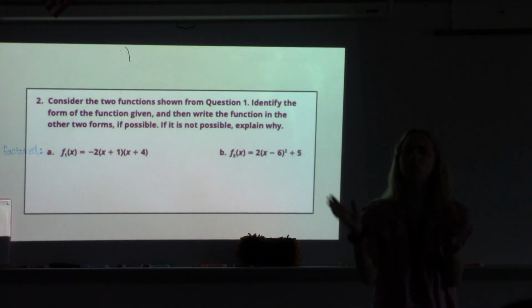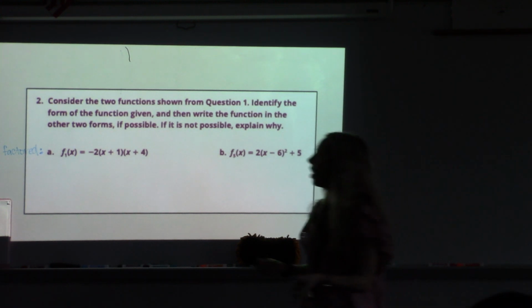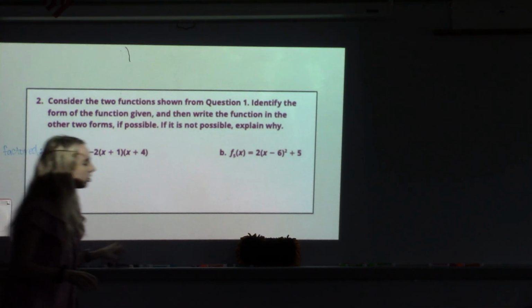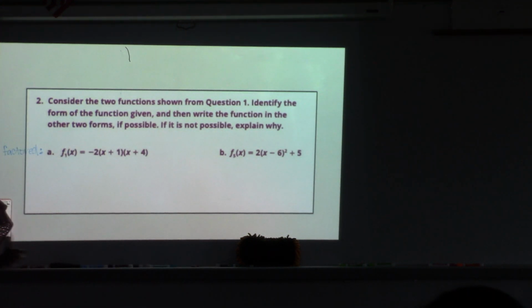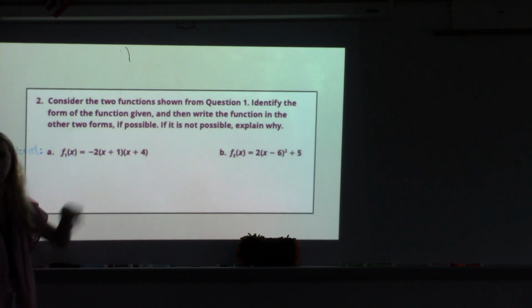Okay, guys, look up here really quick. I'm just seeing some things when I've been walking around. Whenever you want to multiply these together, what would your first step be? Everything inside parentheses. Okay, when you say everything inside the parentheses, do you mean this parentheses or that parentheses?